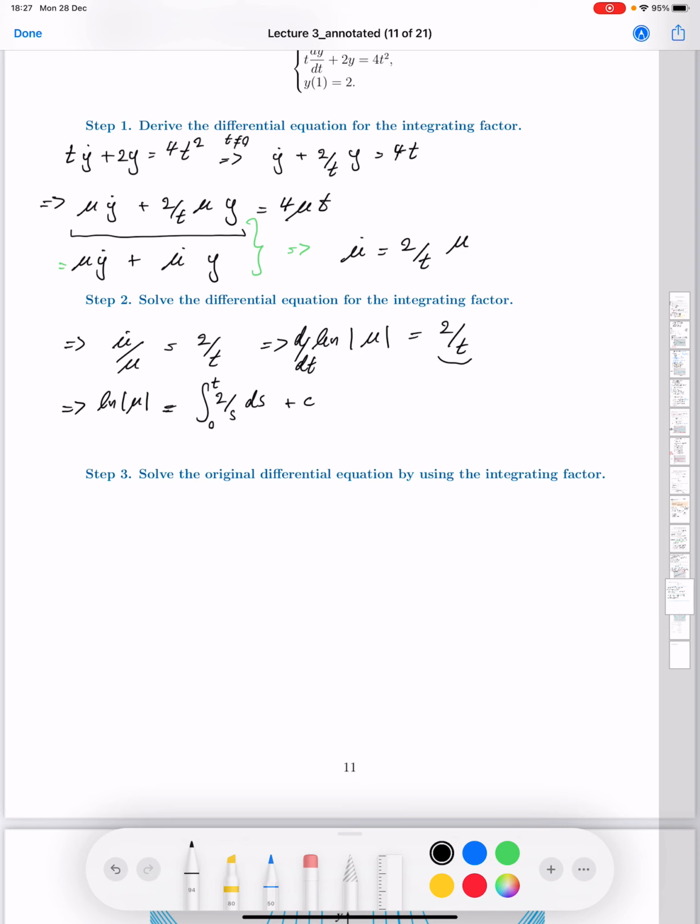And then I can write that mu equals, again with the plus minus sign, e to the power of c. All of that I will just simplify by having c prime here.